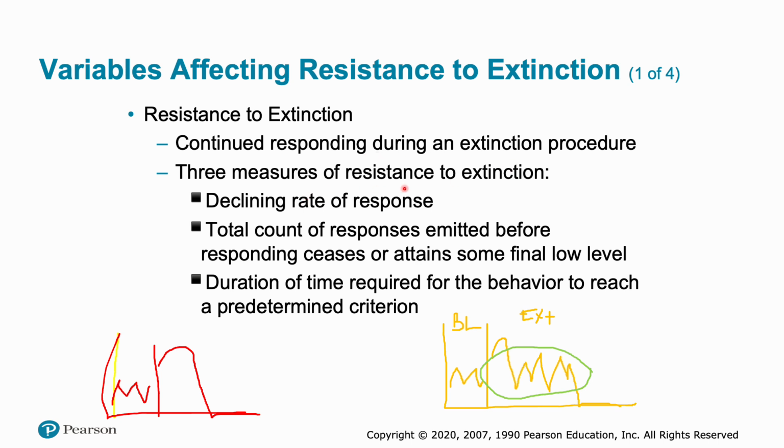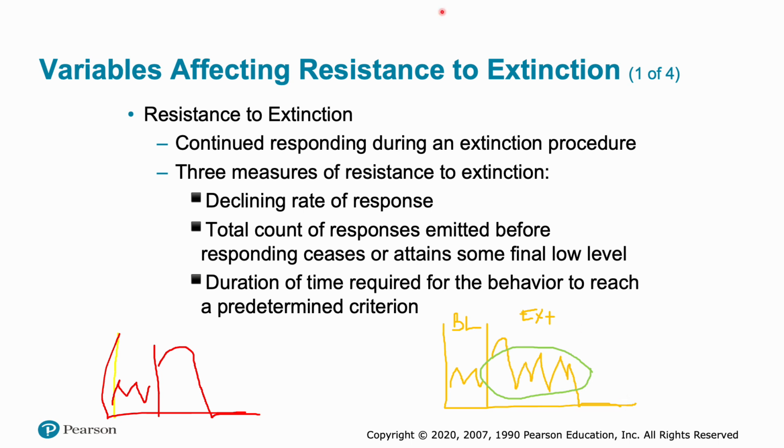Three measures of resistance to extinction are a declining rate of response, which we did see here; the total count of responses emitted before responding ceases or attains some final low level, and we did see that eventually it reaches some final low level; and the duration of the time period required for the behavior to reach a predetermined criterion. It takes a little bit longer for it to reach the level that we were hoping to see. Okay, so that's resistance to extinction.